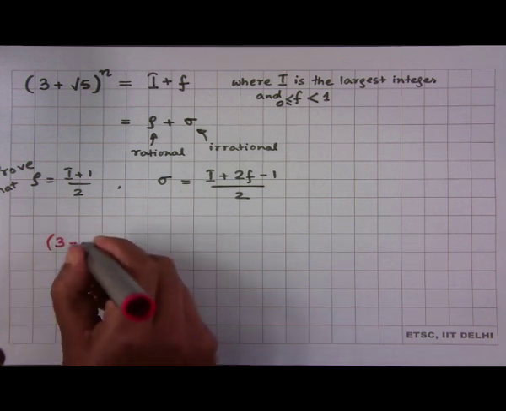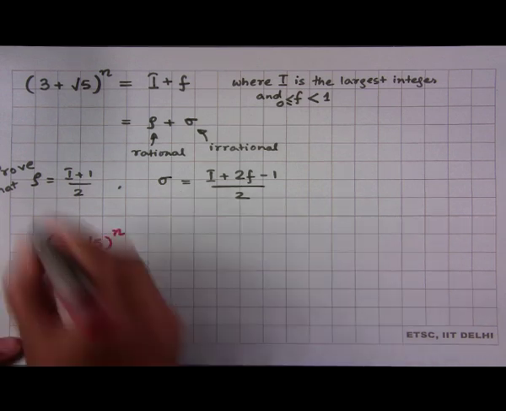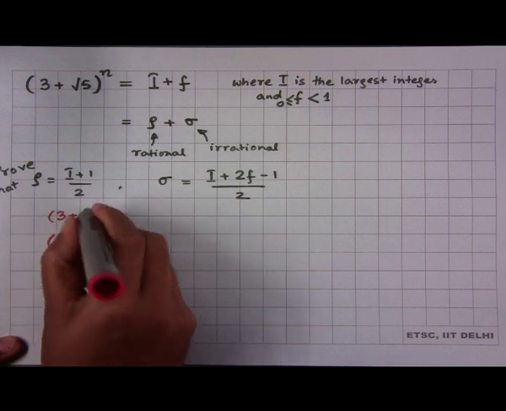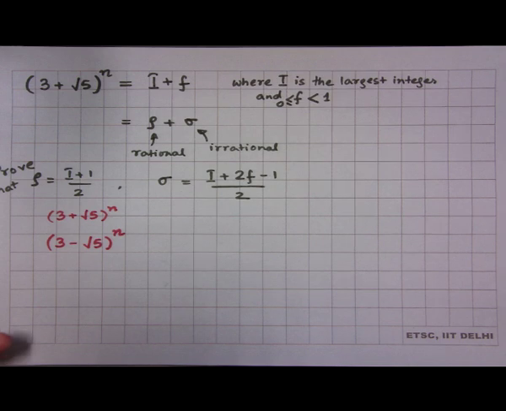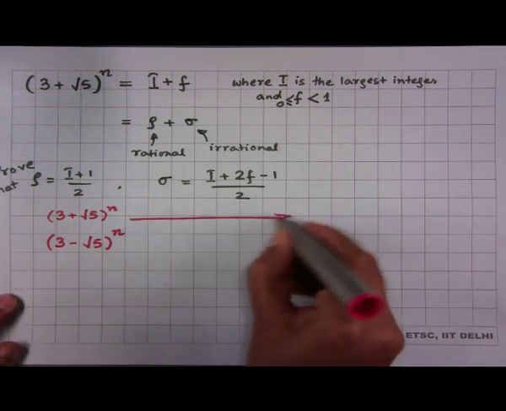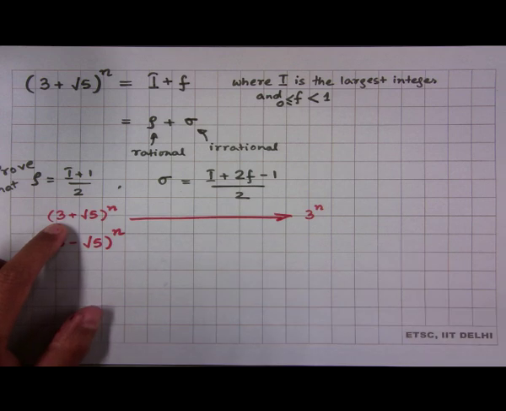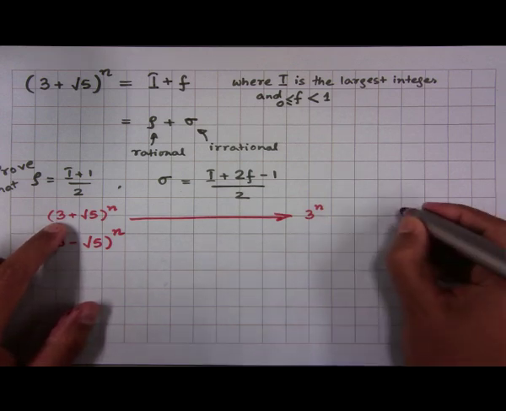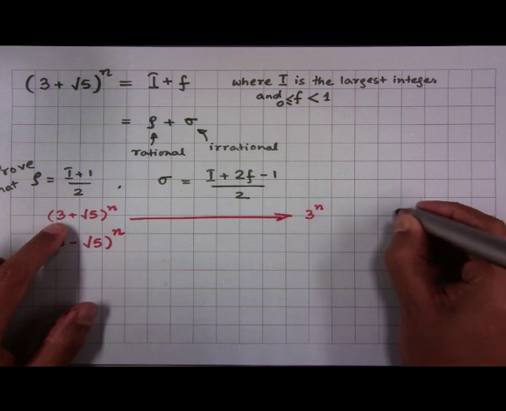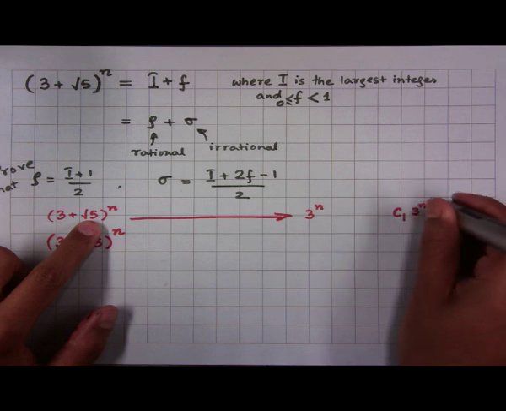magician's hat. Let us look at (3 plus root 5) whole power n, and let us also look at (3 minus root 5) whole power n. Okay. So, (3 plus root 5) whole power n is going to have 3 power n plus C1 times root 5 times 3 power n minus 1.